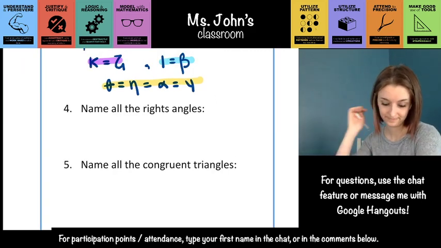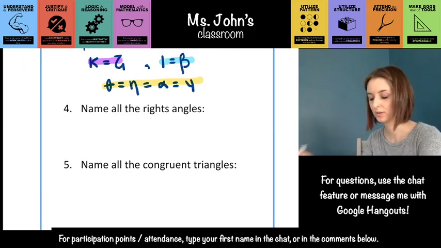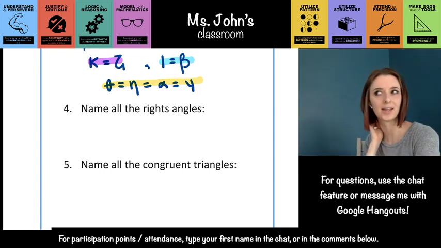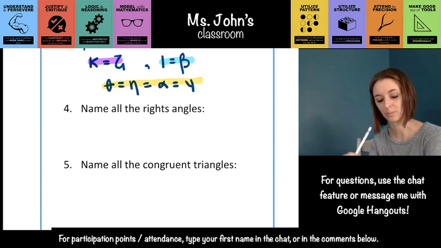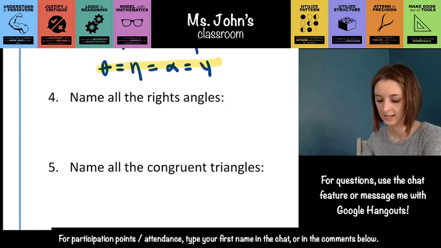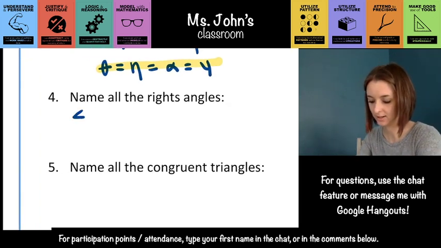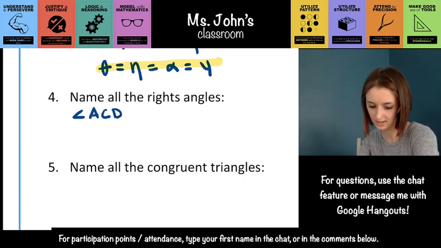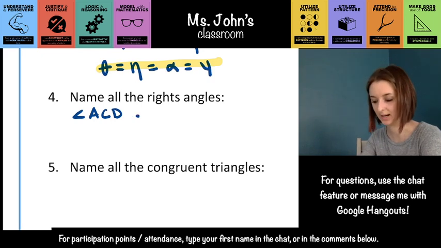All the right angles. Because we only labeled the small angles, I'm just using the points instead of the Greek symbols. So even though it's harder, we're being more specific. So ACD is a right angle.